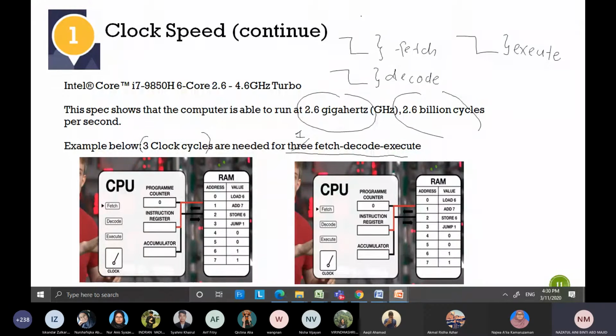So for one instruction, it needs 1, 2, and 3 clock cycles in order to complete. Can you get that? I hope so.